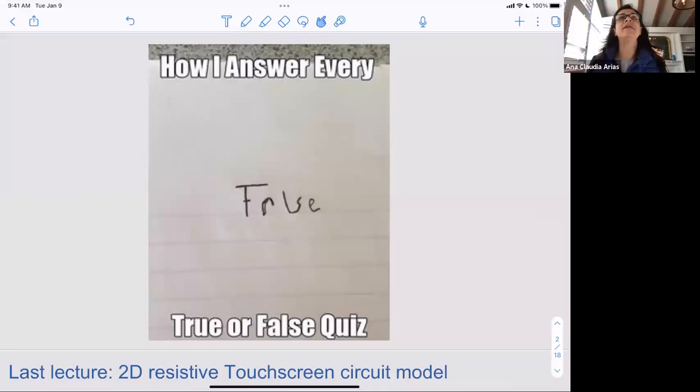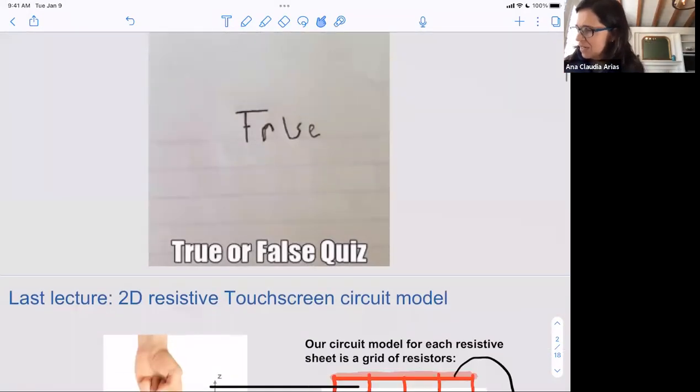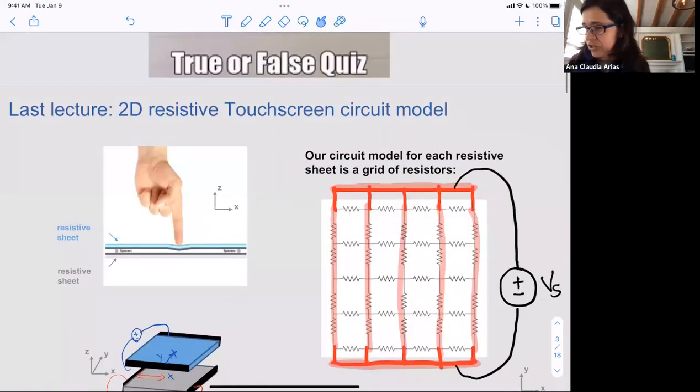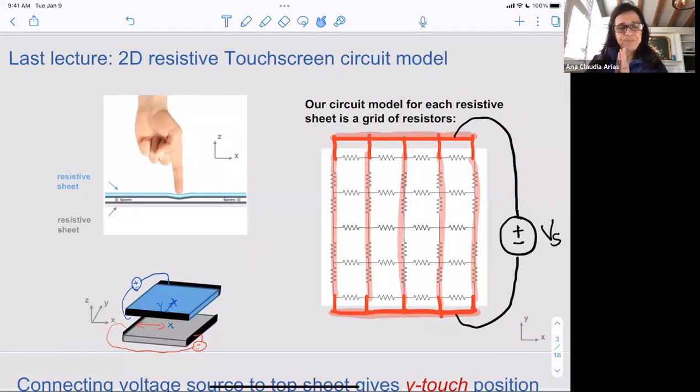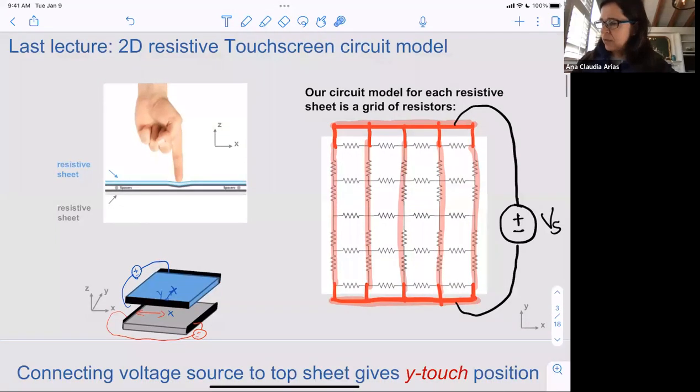So everybody survived the midterm. Here we are. Let's rethink what we learned in the last lecture. Last lecture, we were talking about the touch screen with resistive components. We went quite far in our analysis, where we started off with two plates or two materials and looked at the properties of those materials.